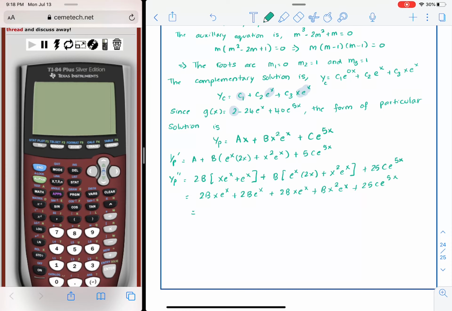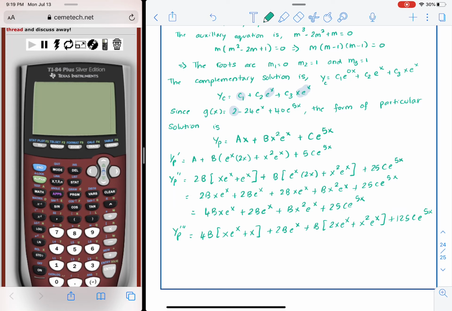I could combine a few terms here. I'd have 4b x e raised x plus 2b e raised x plus bx squared e raised x plus 25c e raised 5x. And yp triple prime is 4b x e raised x plus 2b e raised x plus b times 2x e raised x plus x squared e raised x plus 125c e raised 5x.